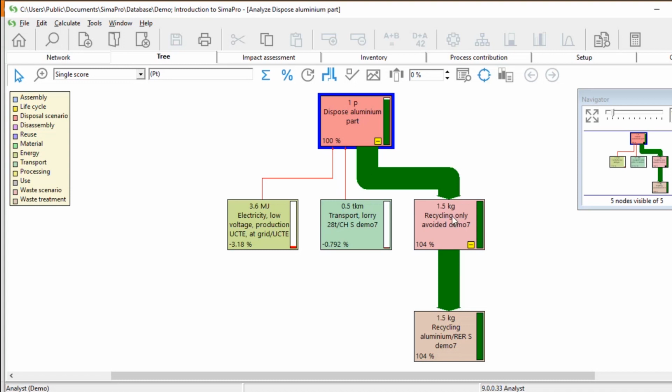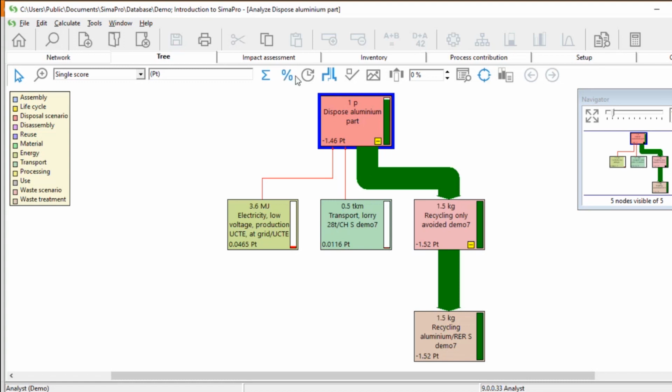If we click here, one thing to understand is that this is transport lorry, so this is negative, because for the recycling you need to transport your waste, so you need to spend a bit of energy and resources. That's the reason it's negative here.